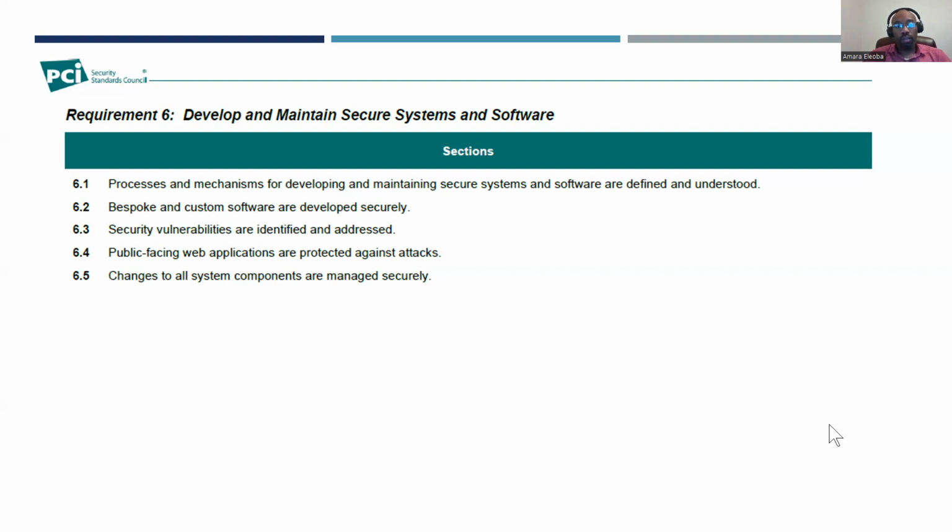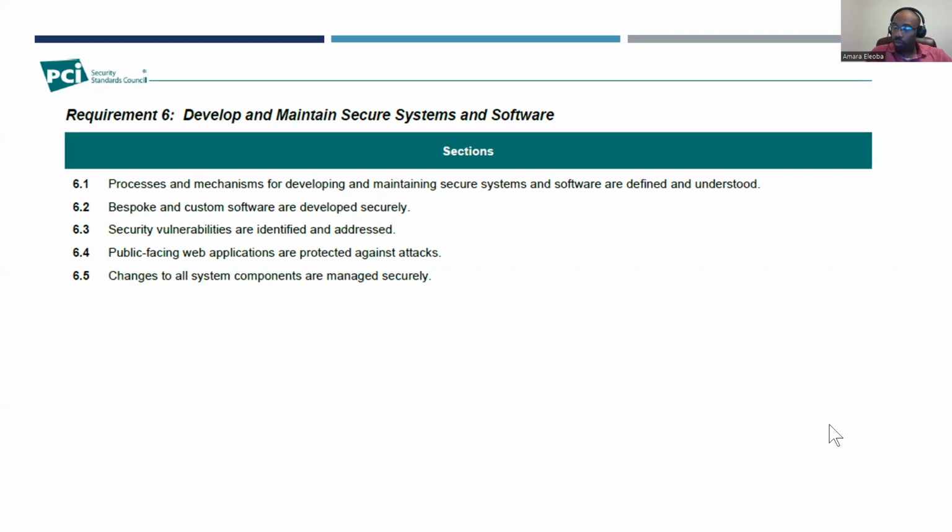Okay. Then 6.2, bespoke and custom software, we want to make sure that it's developed securely. Remember, bespoke software refers to software that is developed by a third party for your company. Okay, that's bespoke.